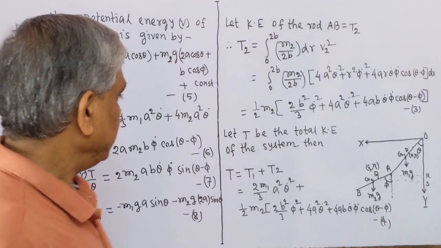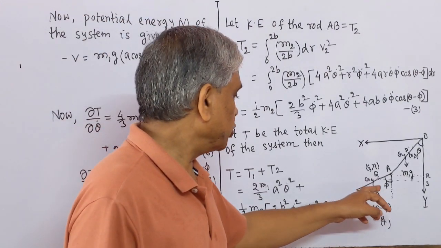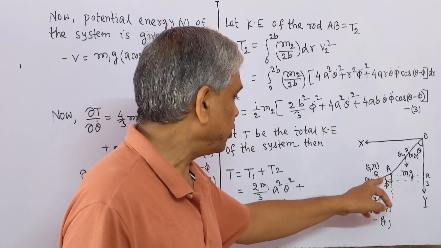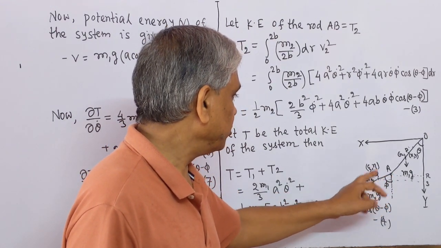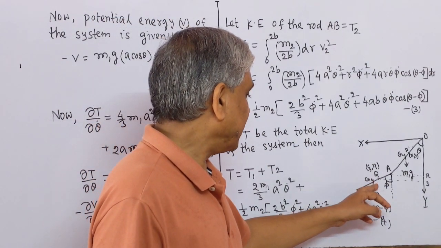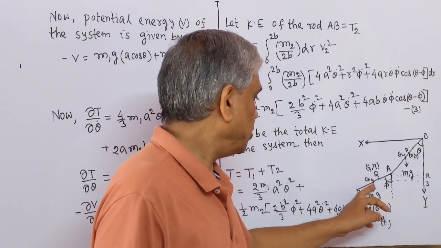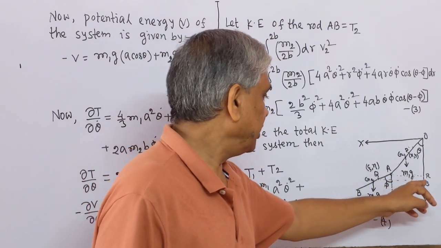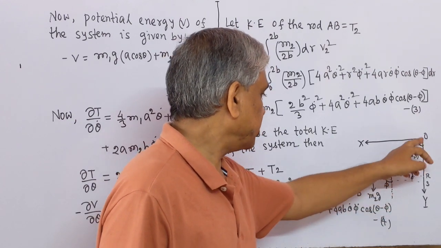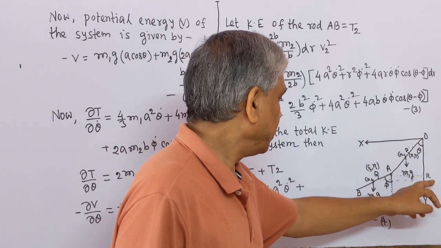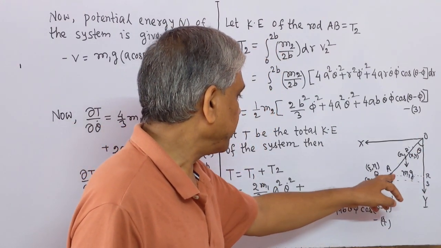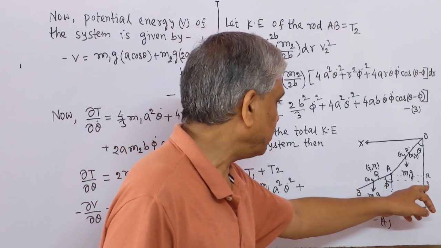Similarly, the force due to gravity acts on the rod AB at the middle point of the rod, that is at the point G2, and the vertical distance of G2 will be the projection of OA on the y-axis plus the projection of AG2 on the y-axis.